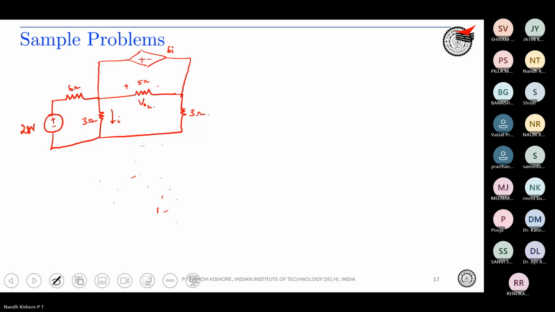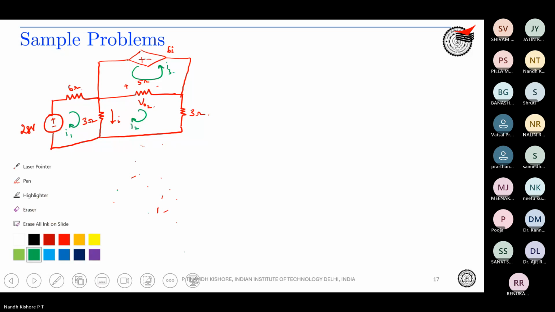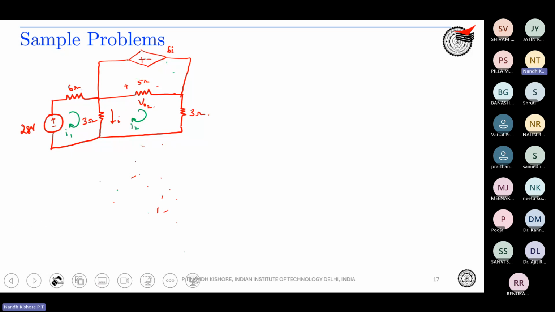So we just have 3 currents. Let's call this I1, I2, and whatever direction of current you take, let's call this I3. Let me simplify this.